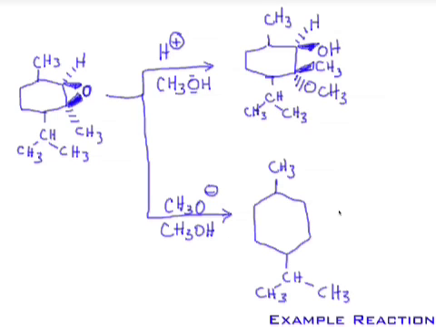Okay. This time methoxide attacks the less hindered carbon. This wedge breaks. So down here, the O of the epoxide becomes an OH, and you have the methyl still pointed down.